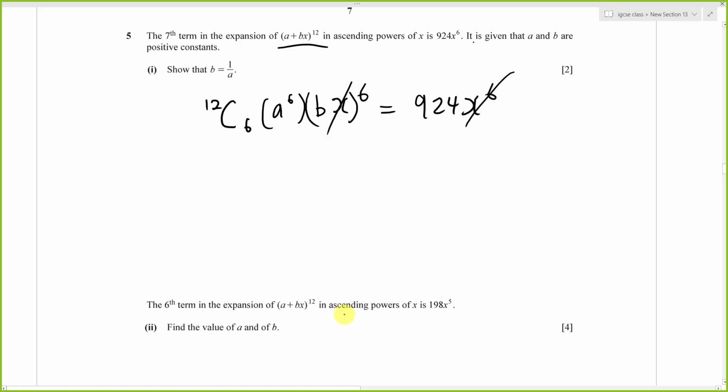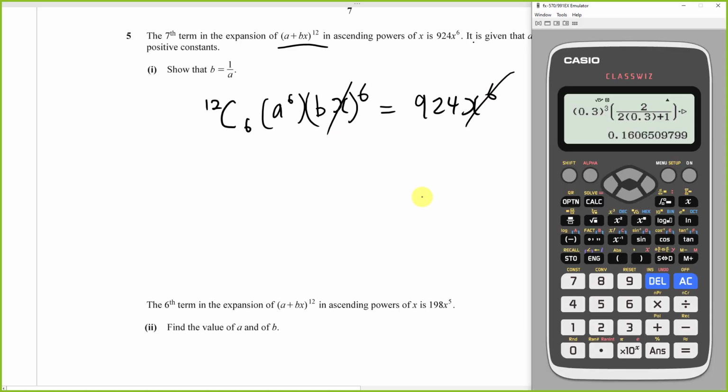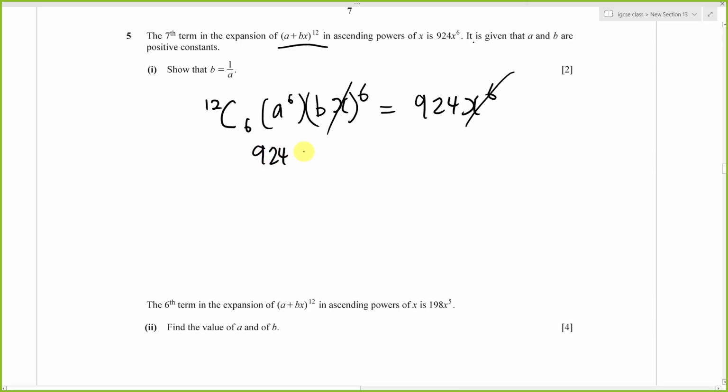Then I will use the calculator, 12C6, so I will get a number here. Oh, it's nice, it's just 924. So 924, a power of 6, b power of 6 equals 924.